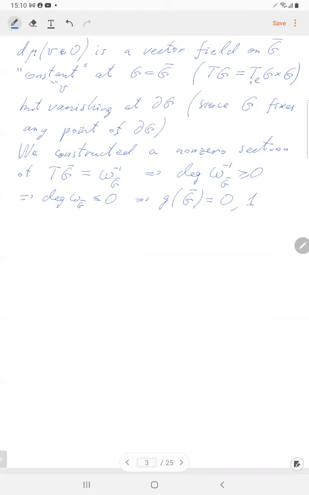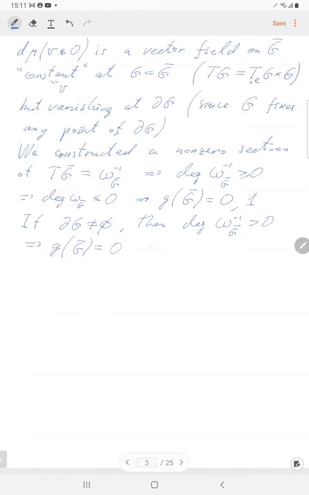But if the boundary is non-trivial, then our vector field is vanishing somewhere, so the degree of the canonical class inverse is strictly positive, and hence the genus of G bar is just 0.